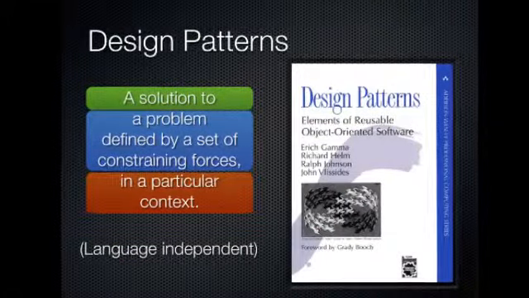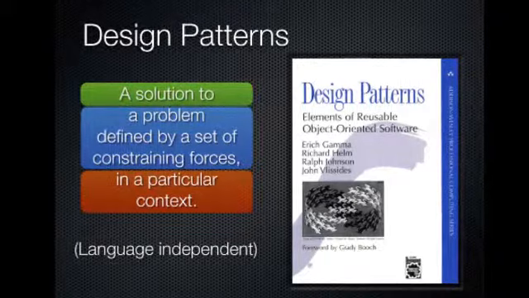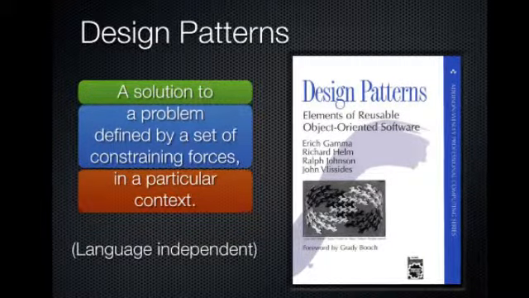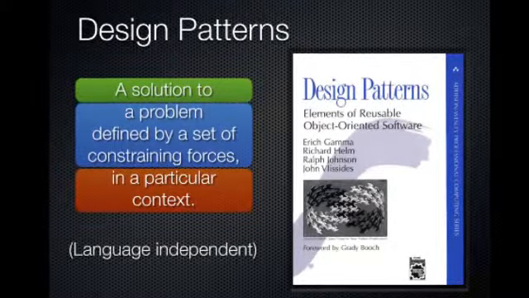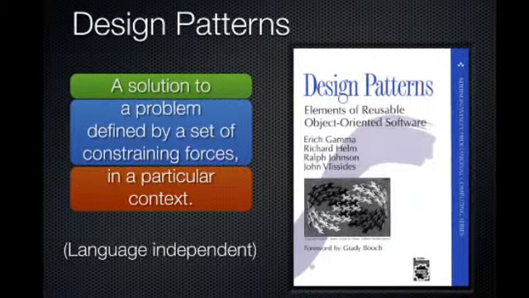They have a particular problem, a particular context, and a particular solution. Those are the three portions of any design pattern. The problem that you're working on is almost always going to be universal across languages. The context that you may be working in is your particular domain, a word processor, or maybe you're using Java. Those are the bits and pieces that form the space in which you need to have a solution.